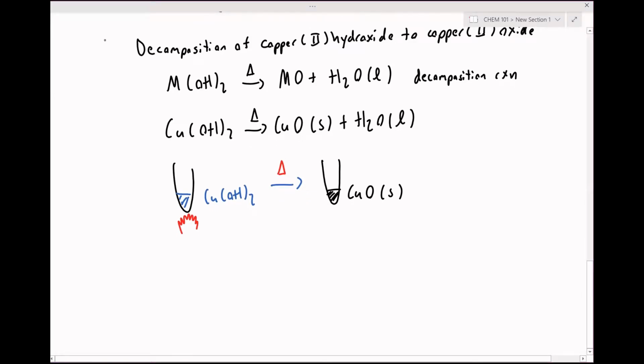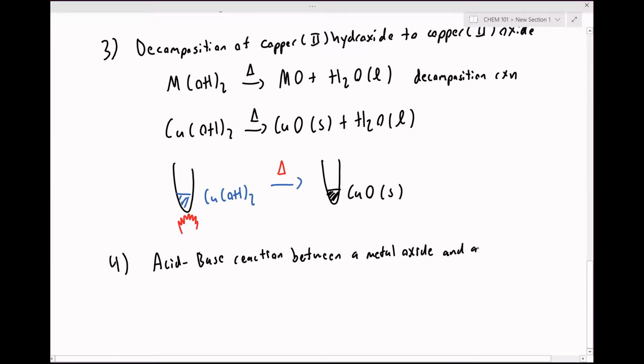Now from here, what we're going to do is dissolve our copper oxide. And to do that, we're going to proceed with an acid-base reaction between a metal oxide and an acid.